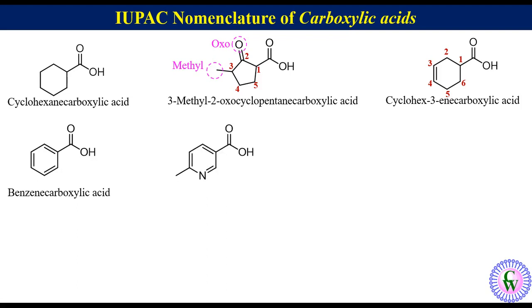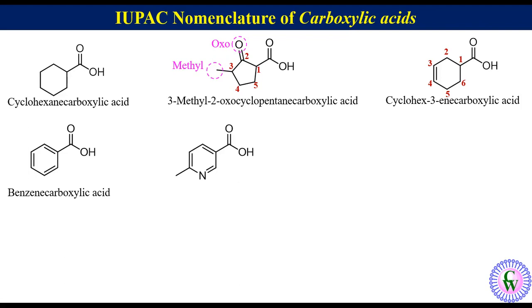6-methyl nicotinic acid. Here, the aromatic ring is pyridine. In a heterocyclic system, numbering starts from the heteroatom and follows the direction giving a lower number to the carbon bearing the carboxylic acid group.